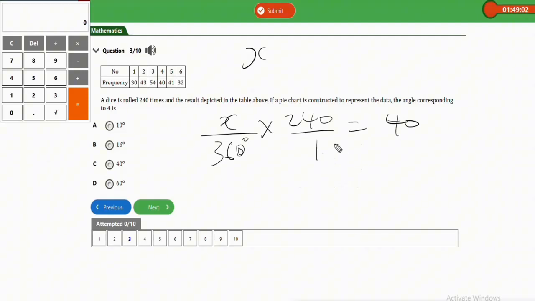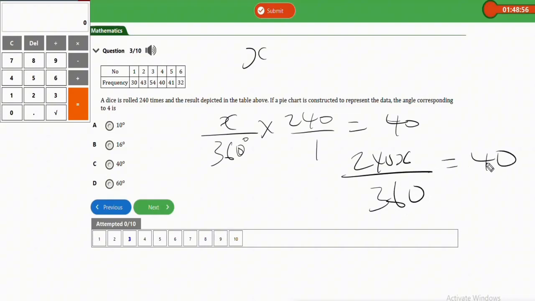This is the same thing as 240x over 360 equals 40.